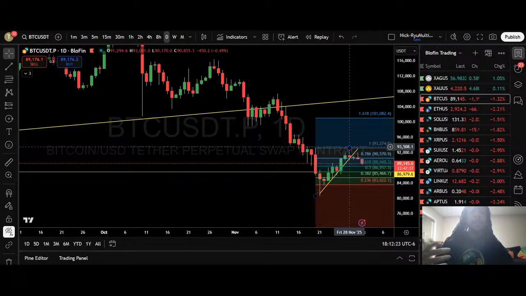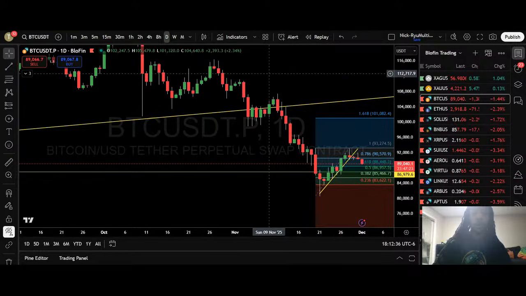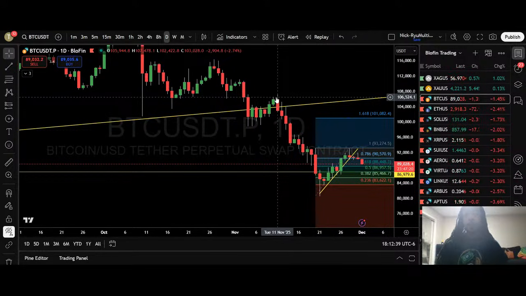That's what they're saying. That's not what I believe. I think that if price stopped here at 93.5K, that's a new high for Bitcoin. And that high is lower than its previous high of 106, which would lead me to believe we're still in a downtrend.